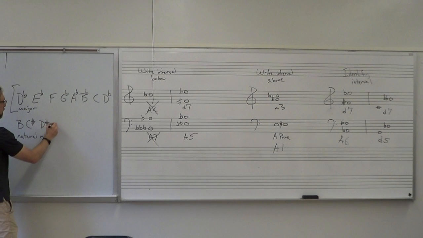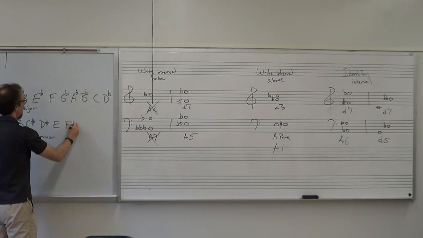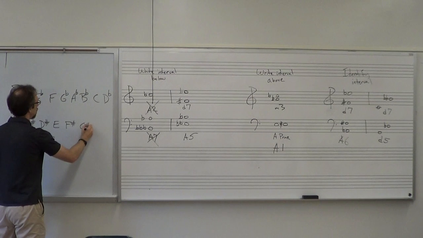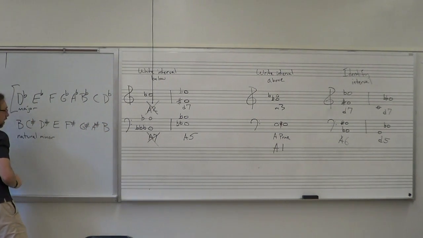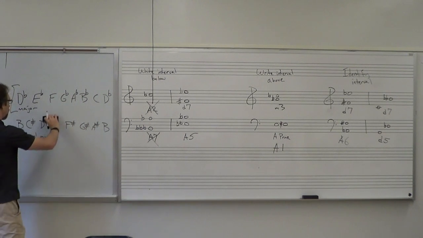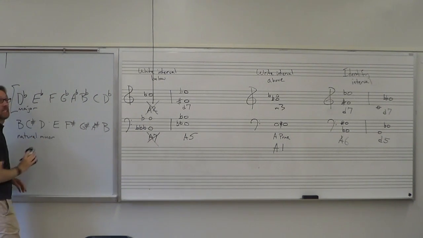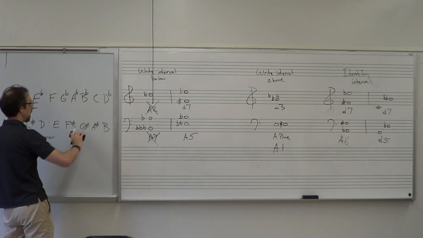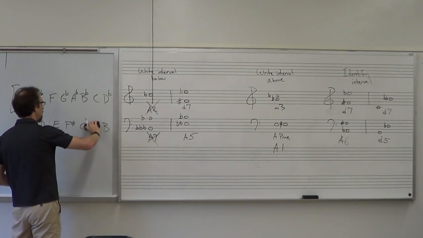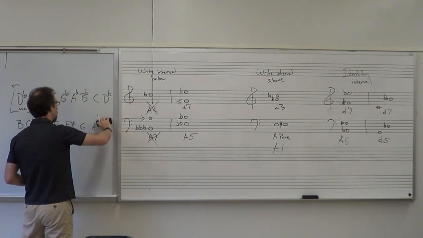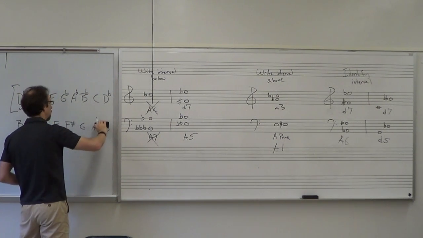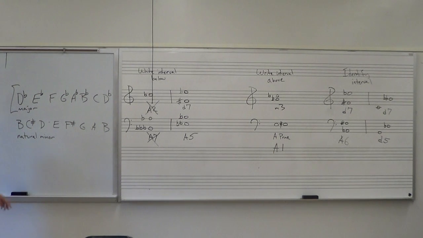So B, C sharp, D sharp, E, F sharp, G sharp, A sharp, B, and then lowering the third a half step, so D sharp becomes D natural, the 6th, G sharp becomes G natural, and the 7th, A sharp becomes A natural. We now have our B natural minor scale.